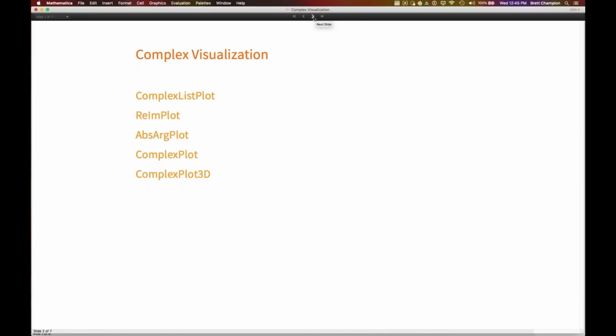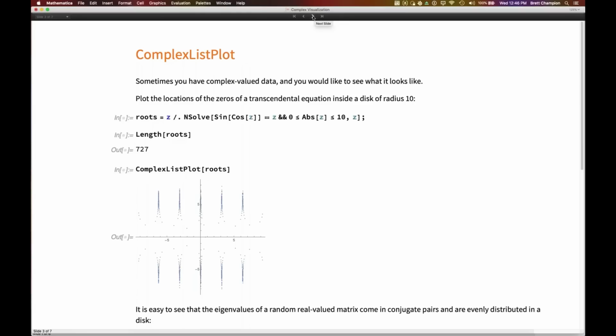In version 12, we implemented and introduced 5 new visualization functions: ComplexListPlot, ReImPlot, AbsArgPlot, and then ComplexPlot and ComplexPlot3D. All of these have obvious analogs in the real valued realm, but hopefully allow us to do things a little bit easier when things become complex valued.